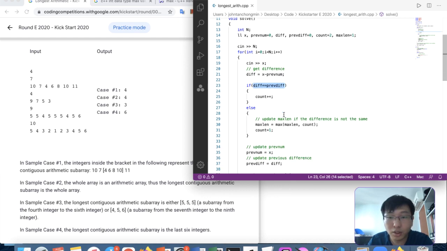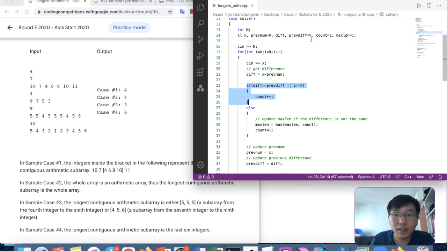Actually, that's not true. Yeah, actually, why not? Let's just do this. Or if I is 0, the count will always be 1. If it's the first number, then always increment the count because you will definitely have the difference being the same.